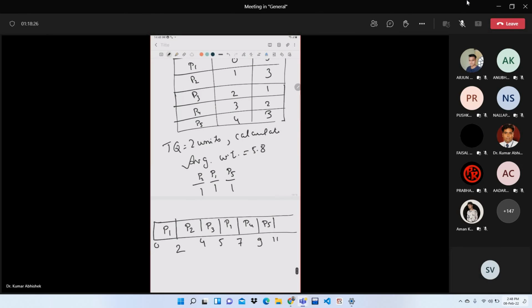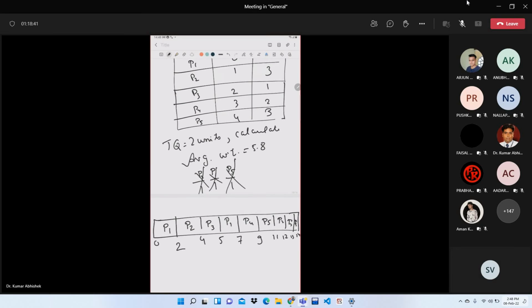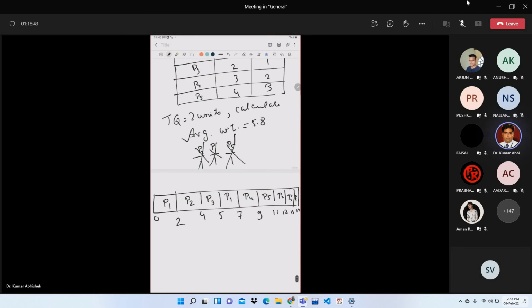Clear? First P2 will be executed till 12 and goes off. Then P3 will be executed till 13, then P5 will be executed till 14. It goes off. Is the Gantt chart clear? Yes, sir.